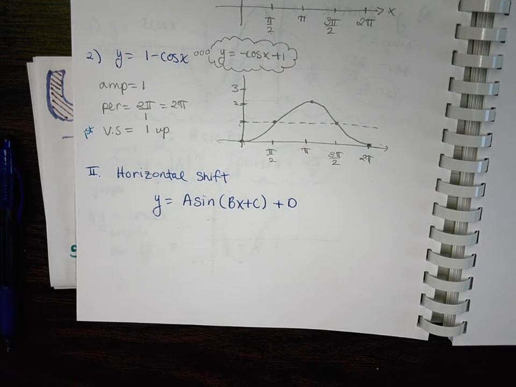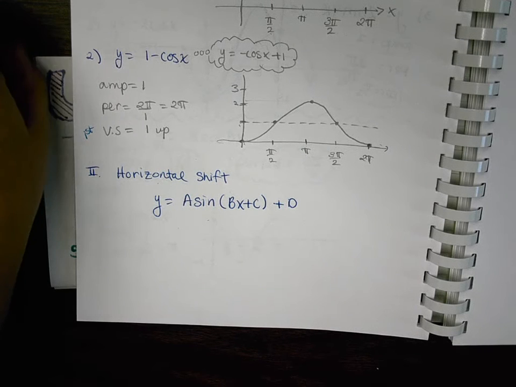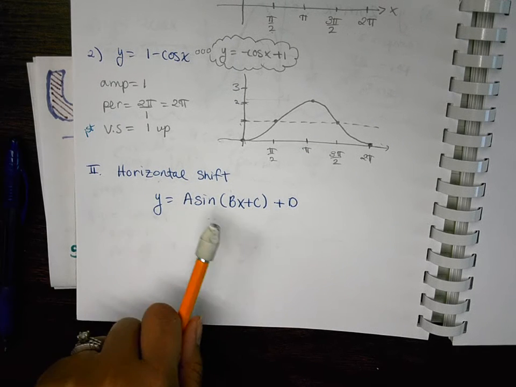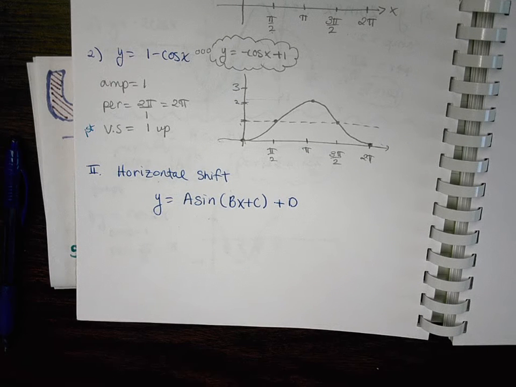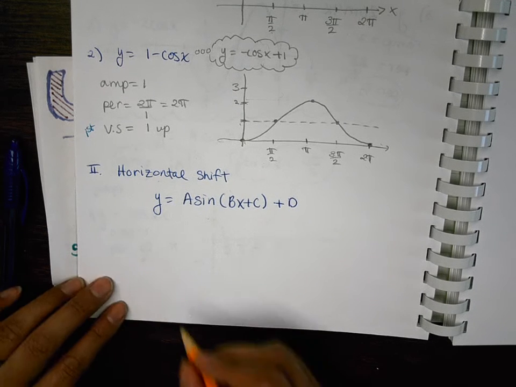Now I'm writing sine, but this works for cosine as well. So would it matter if it's sine or cosine? Or cosecant, or secant. Yeah, we'll graph those as well. It can't be tangent or cotangent. That's the one thing it doesn't work for. All right, that one's a little different.